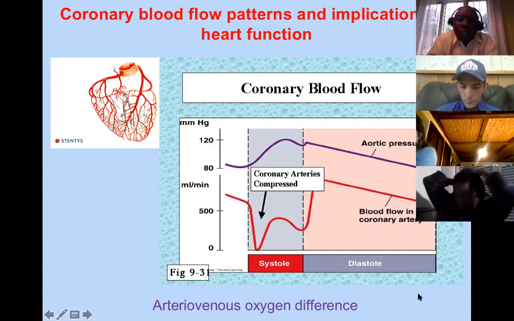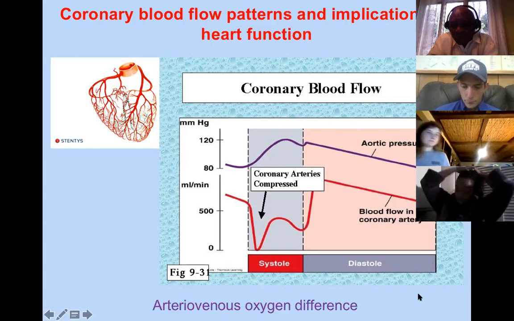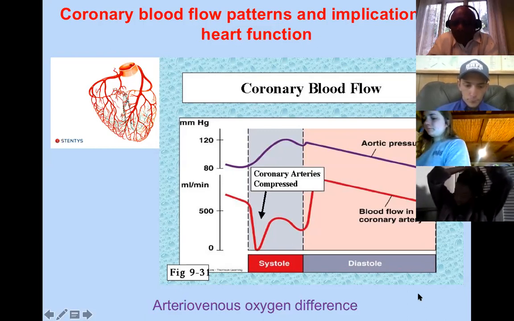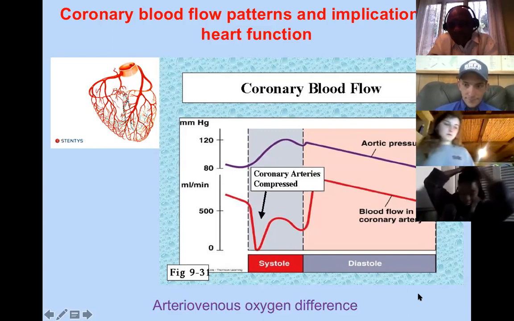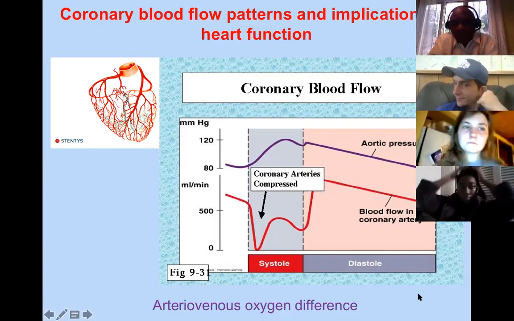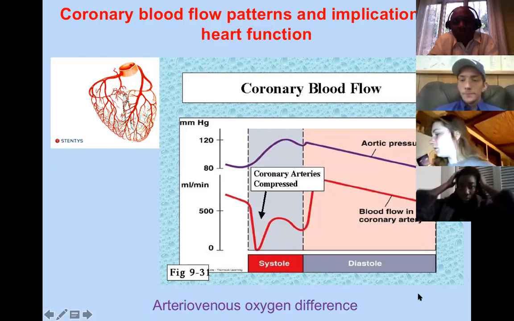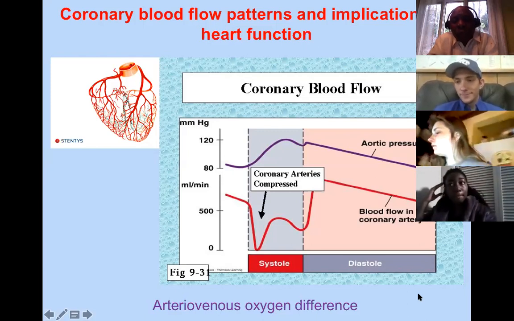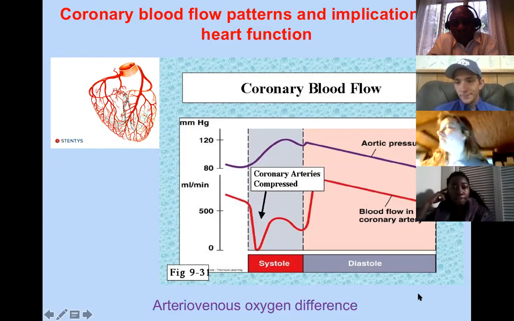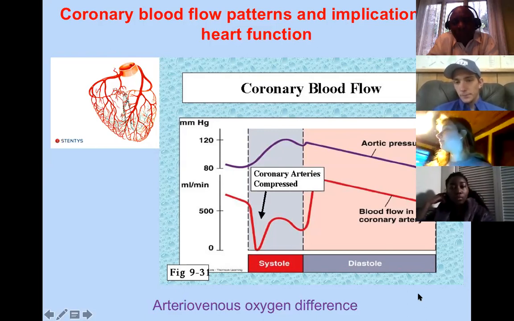So essentially, we are following the patterns of blood flow in the coronary blood vessels. And this happens also, as we said before, to the blood flow located in the skeletal muscle.